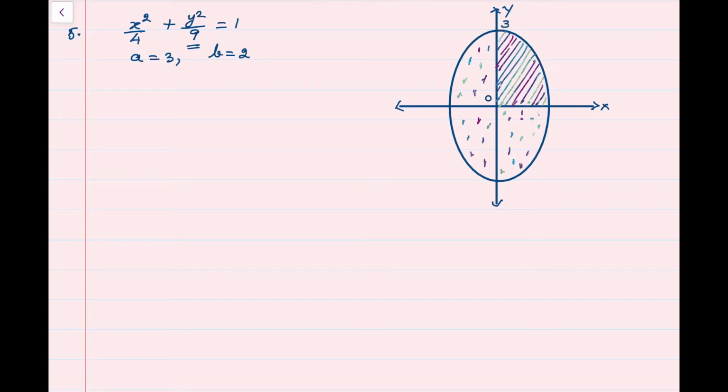This is 3 and this is 2. The area is bounded by x axis as well as y axis, so we may do with respect to x or with respect to y. Let us do with respect to x. With respect to x, the limits are 0 to 2.